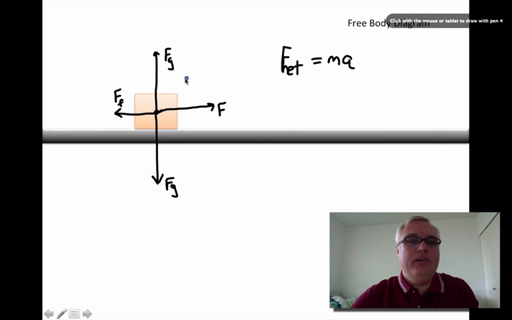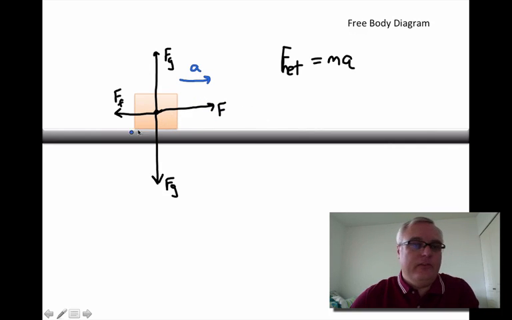Right now, I know that it's probably going to have an acceleration in this direction. This is the force that's applied to the right. There's a smaller friction force opposite to that. These two forces are equal and opposite, so there's going to be no acceleration vertically. So the only acceleration will be to the right.